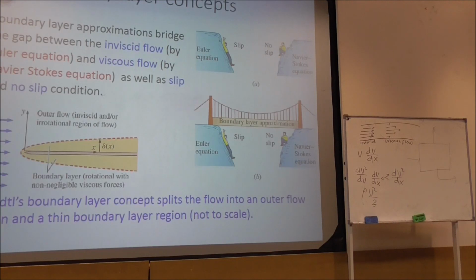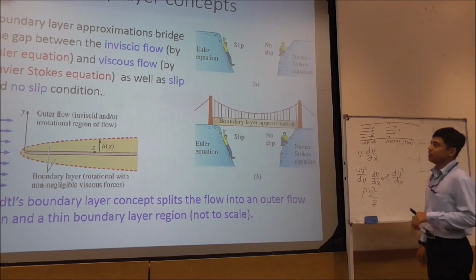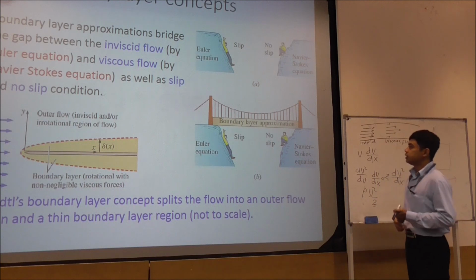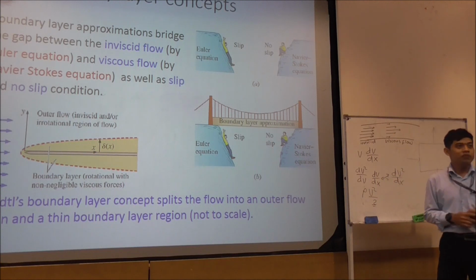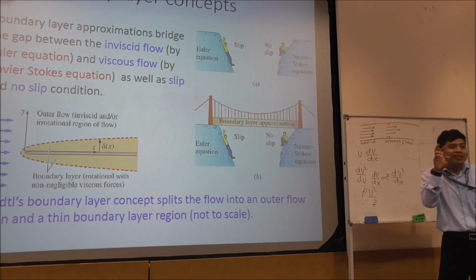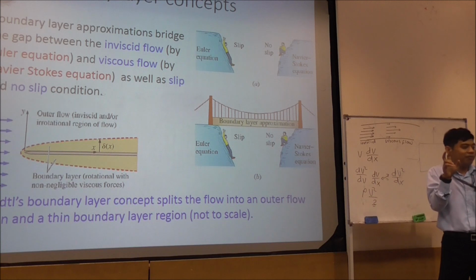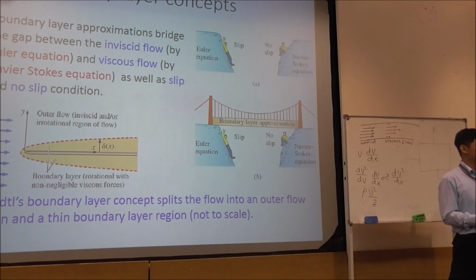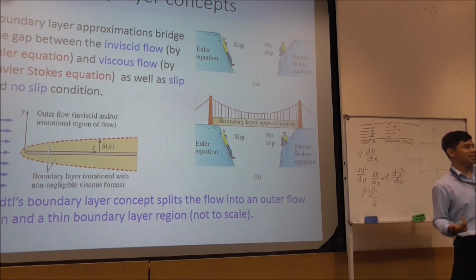So this boundary layer equation bridges the gap between the inviscid flow, which is very simple to formulate, and the Navier-Stokes equation, which is very accurate. We highlight the good thing about both, because if you highlight the bad thing, we combine the not so accurate result of the inviscid flow together with the complexity of Navier-Stokes.